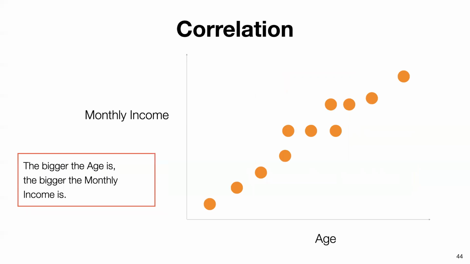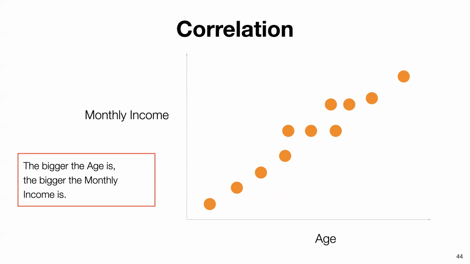And correlation is, for example, age and monthly income. Here, age, instead of country being categorical or text, is numerical, and monthly income is also numerical. The relationship between those two numerical variables is called correlation. But the name definitions are not as important as the whole point here: is there any relationship between two variables, and if there is, what is the relationship like?